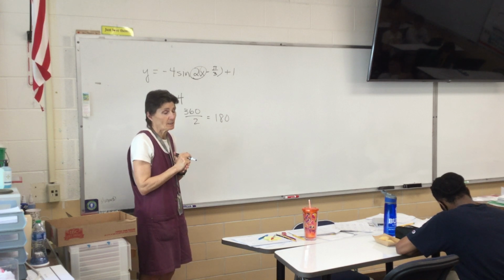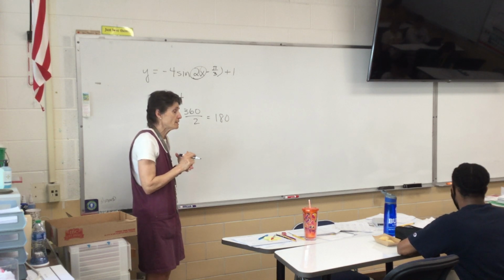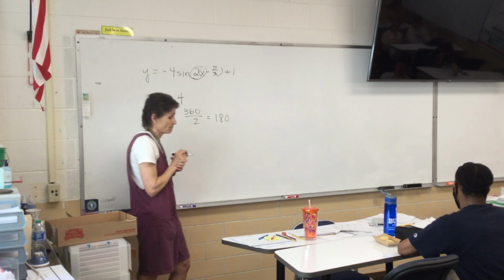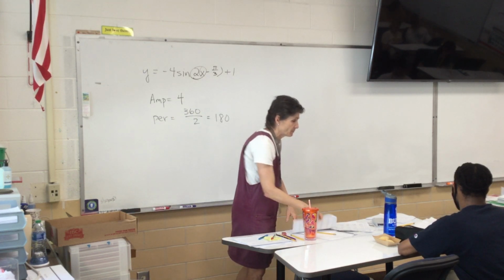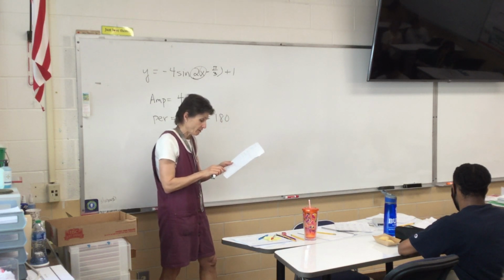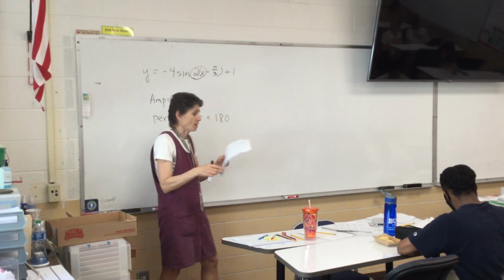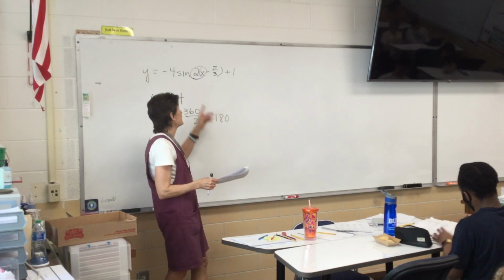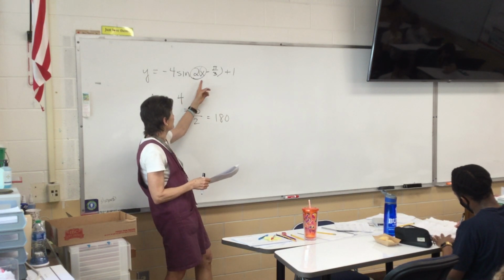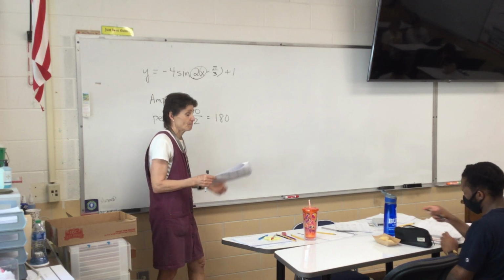Normal period is 1 time around the circle. All right, that's good. So cross off phase shift and vertical shift, and frequency. You do not need to worry about those. But you do need to know how to find the amplitude and the period.